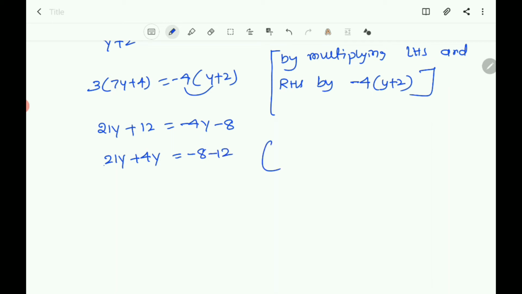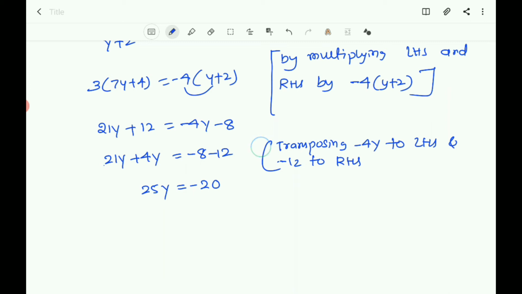So what you have done here: transposing -4y to LHS and 12 to RHS. Then it becomes 21y + 4y is 25y, equals -8 and -12 are the same sign, so add them and put the negative sign, that becomes -20.